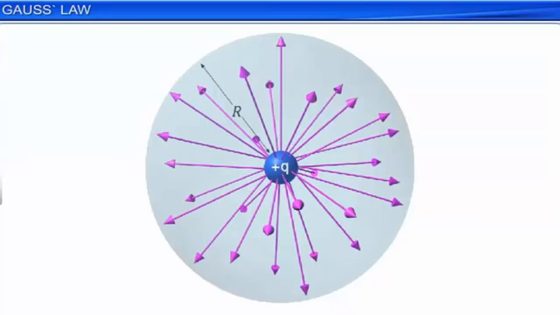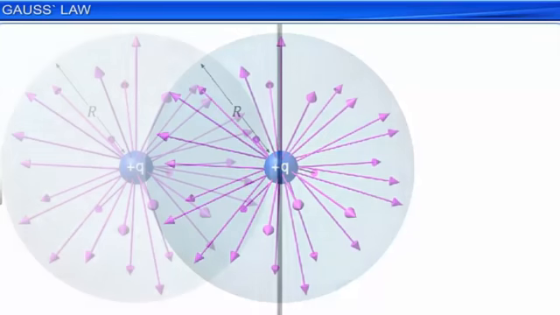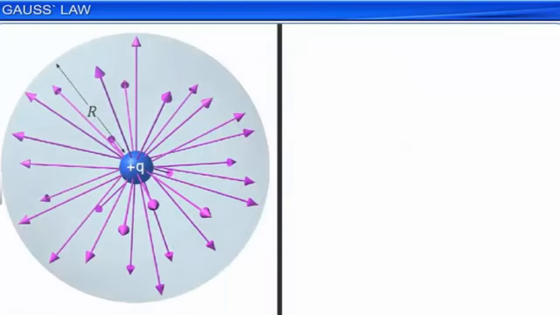The magnitude of the electric field E at a distance r from the point charge is equal to 1 by 4 pi epsilon naught Q by r square. Let this be equation 1.